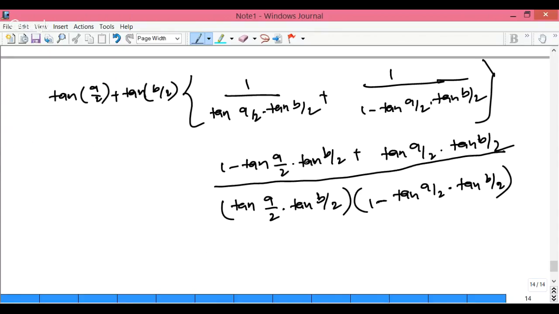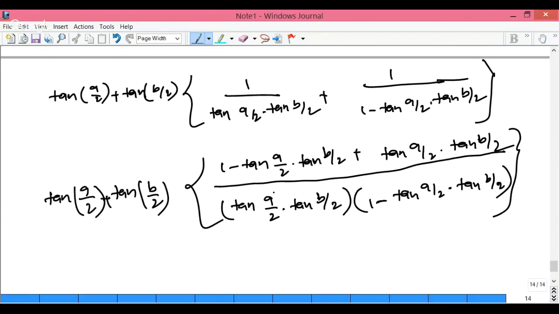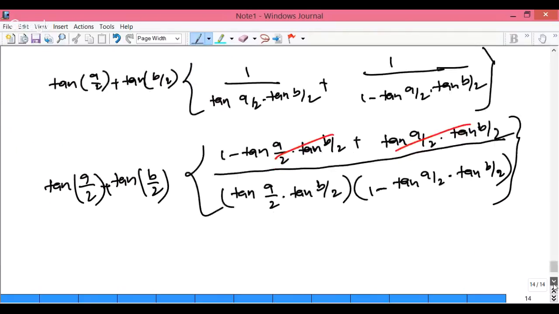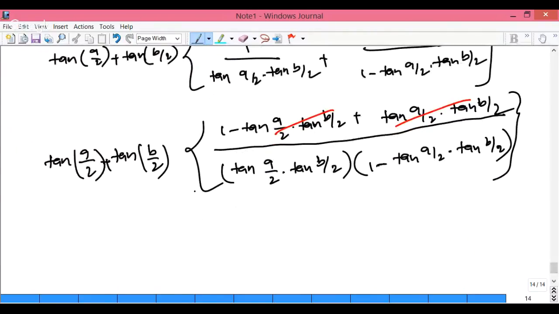Now, in the numerator, minus tan A by 2 into tan B by 2 plus tan A by 2 into tan B by 2 will get cancelled. These two cancel. Now the remaining thing will be 1 there.